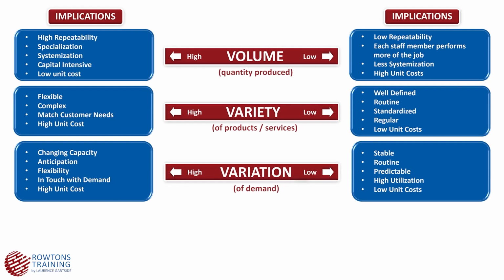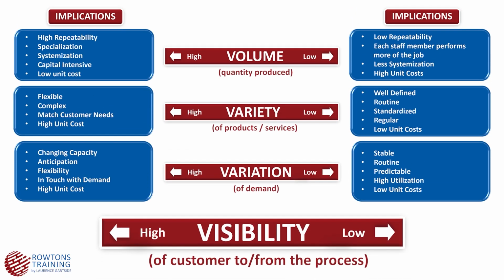The final V is visibility, which refers to the visibility of the customer to the business and the business to the customer. Some operations are remote from their customers, such as water treatment plants or online shopping fulfillment centres, and are therefore very low visibility, whilst others, such as hospitals or a bus service, have very high visibility between the customer and the operations.